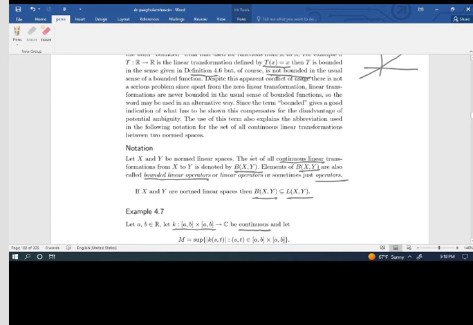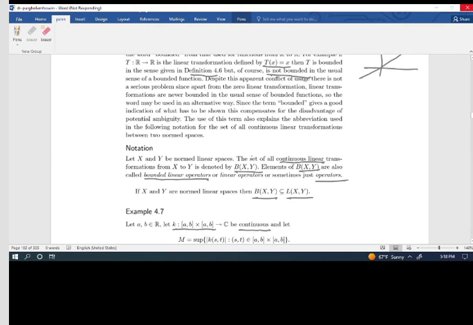But if X and Y are normed linear spaces, then L of X and Y is the set of all linear transformations, not continuous linear transformations, just linear transformations.